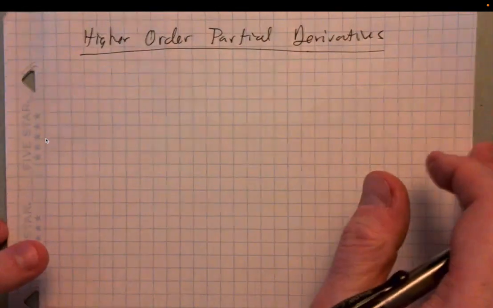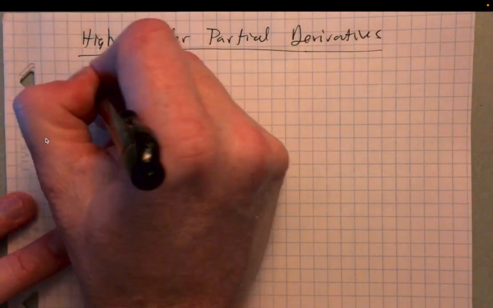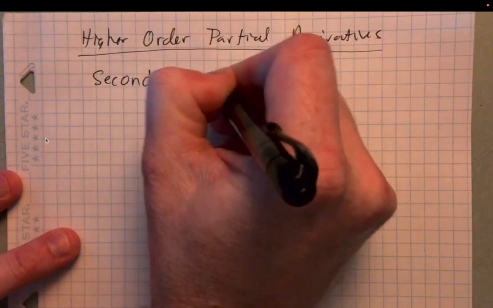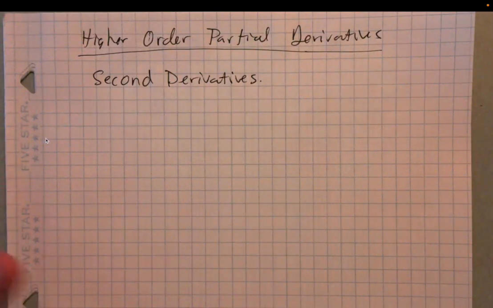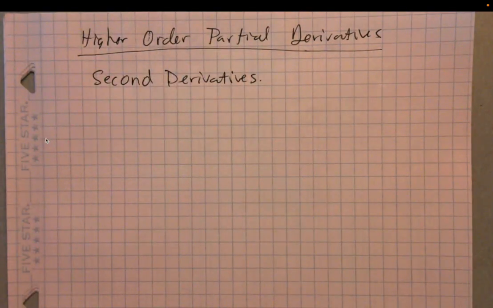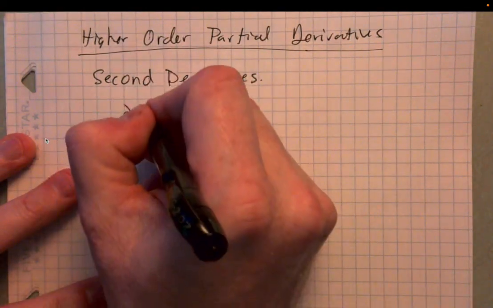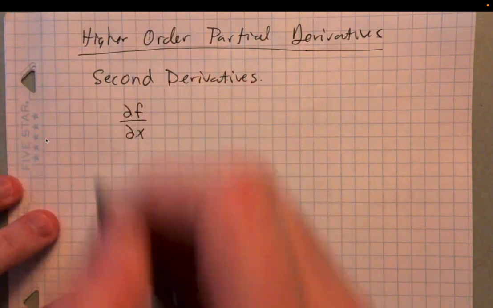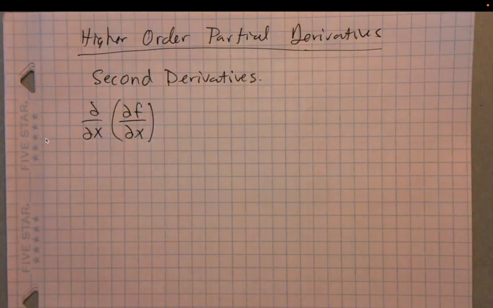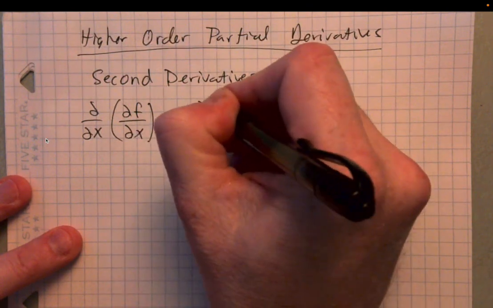So we can take second derivatives, third derivatives, higher order derivatives. Let's just talk about second derivatives first, and the higher orders all kind of follow on, but there are a couple of different options. The first one is the normal second partial derivative with respect to x. If I have the partial derivative of f with respect to x, and I differentiate that with respect to x, that gives you what's called the second derivative.